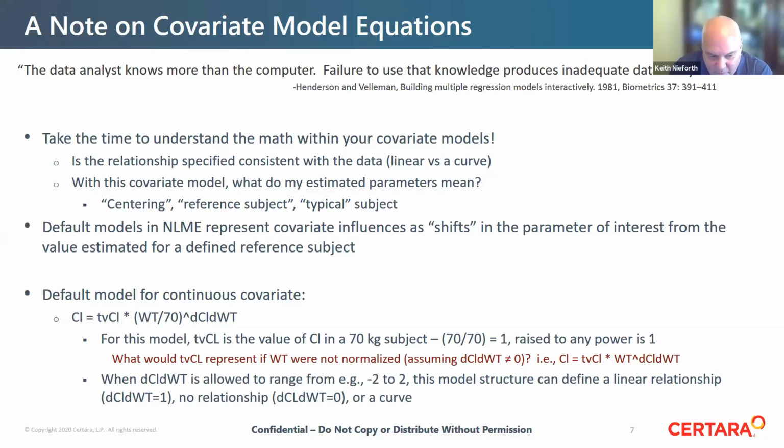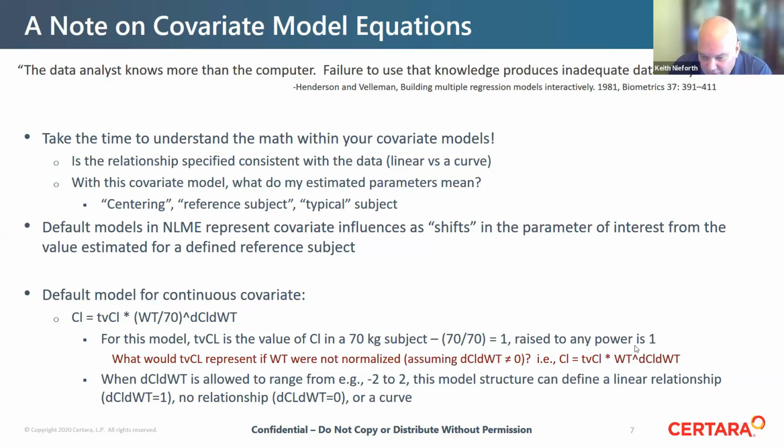You're left with TVCL, which is clearance in a patient of weight 70. Now, what would clearance TVCL represent if weight were not normalized, assuming that dCLdWeight was not 0, which would make this 1? It would drop to CL equals TVCL times weight raised to the dCLdWeight, right? So what would TVCL be if weight is not normalized? Well, if weight was 0, it would drop to 0.